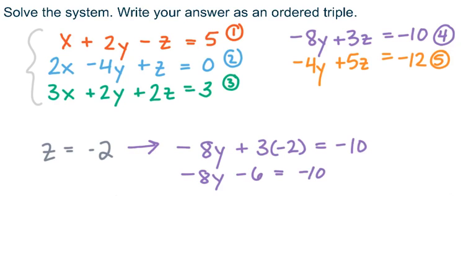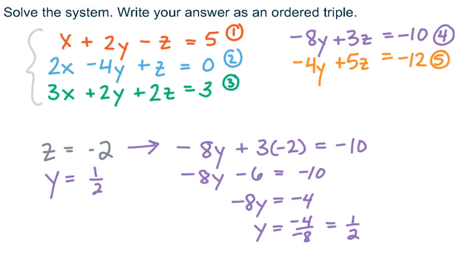I'll add 6 to both sides of the equation. Negative 10 plus 6 is negative 4. Divide by negative 8 on both sides of the equation. I have negative 4 over negative 8, which is positive 1/2. So now we know that y equals positive 1/2.